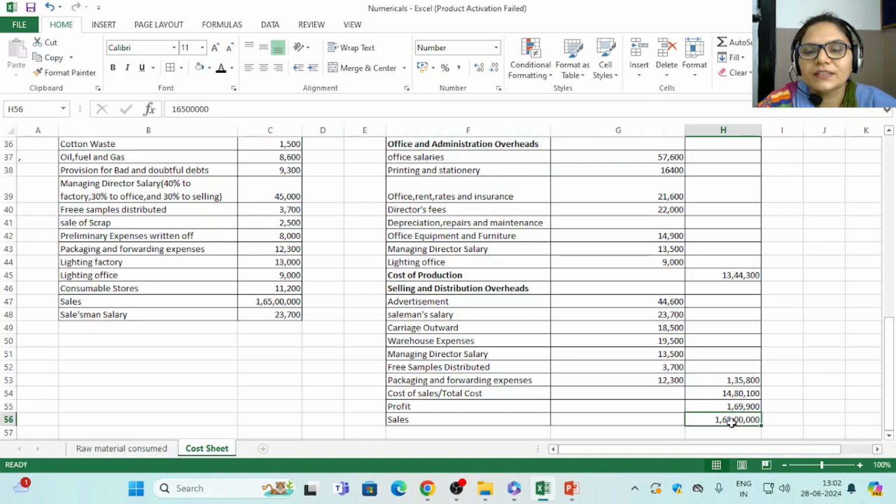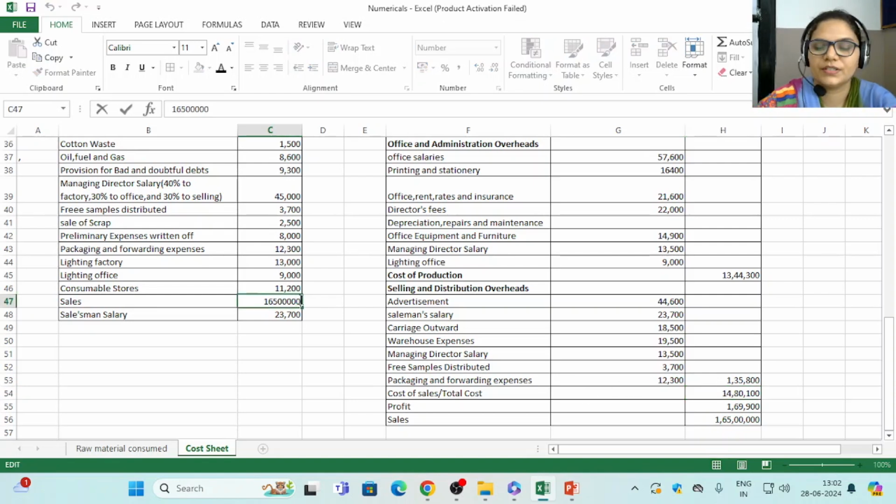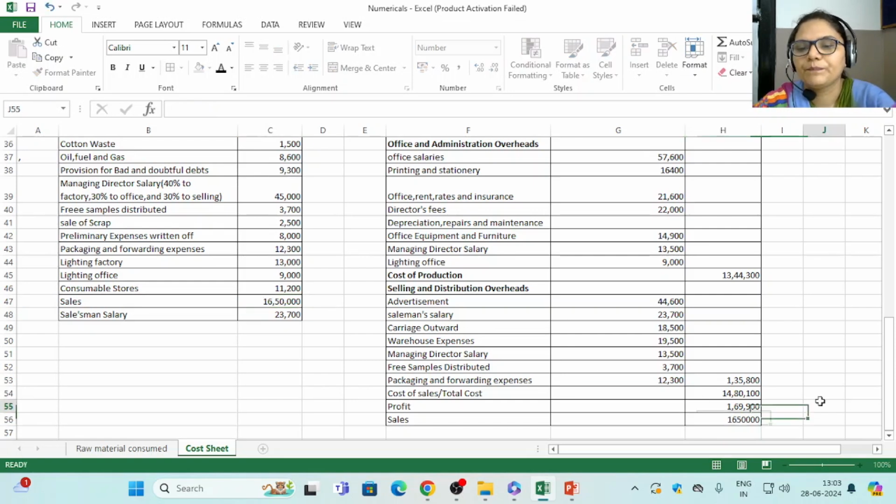Now we will deduct this value from this value. Okay, now it's correct. Sales is 16,50,000.